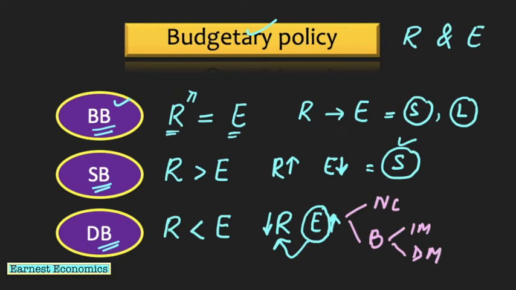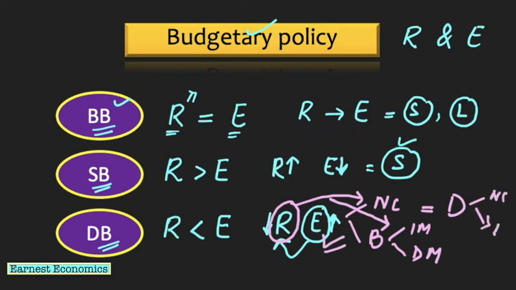Normally, to the revenue they receive, we add the new currency, or what is borrowed from the domestic or international market, and therefore the expenditures of the government will be more than the revenue they receive. In this case, obviously, it is a case of deficits because we have less revenue and more expenditures, and the government either publishes new currency or incurs debts.